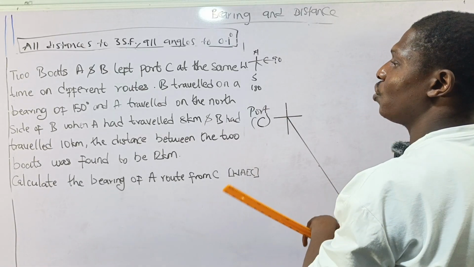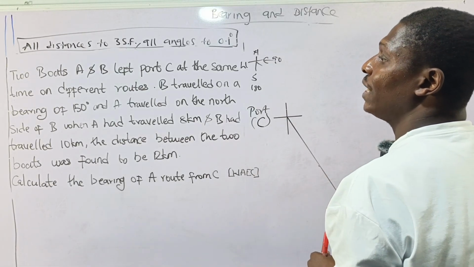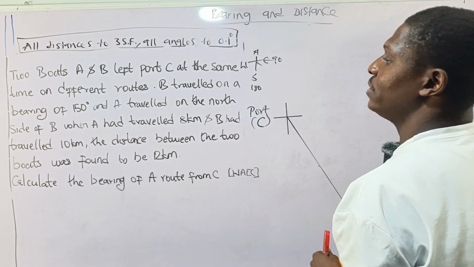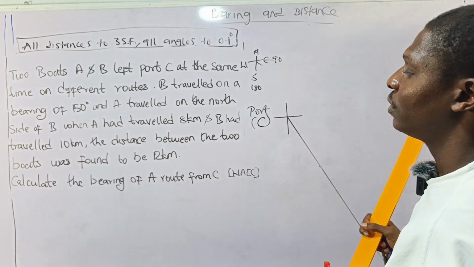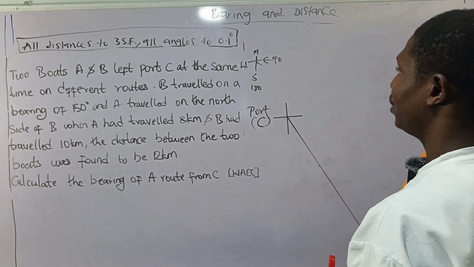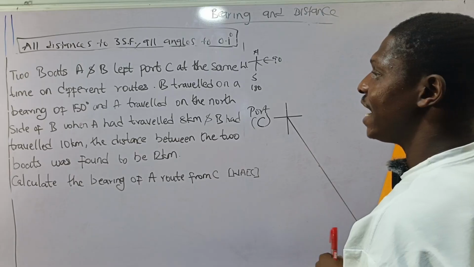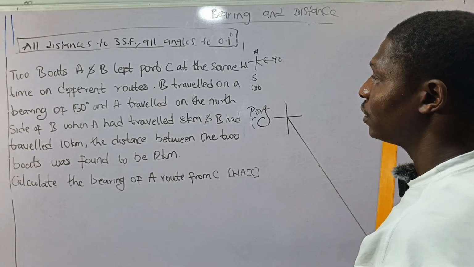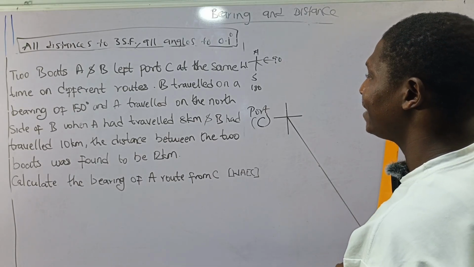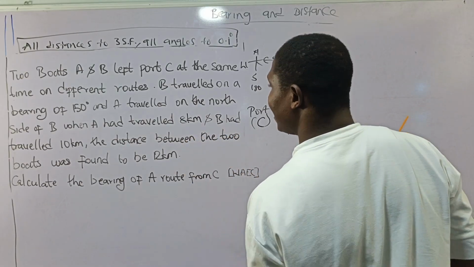And A traveled on the north side of B. When A had traveled 8 kilometers, remember this C, they've given me my B route. When A had traveled 8 kilometers, B had traveled 10 kilometers.